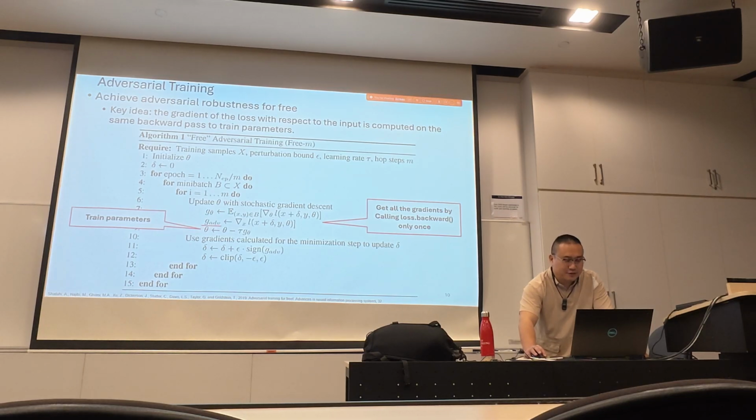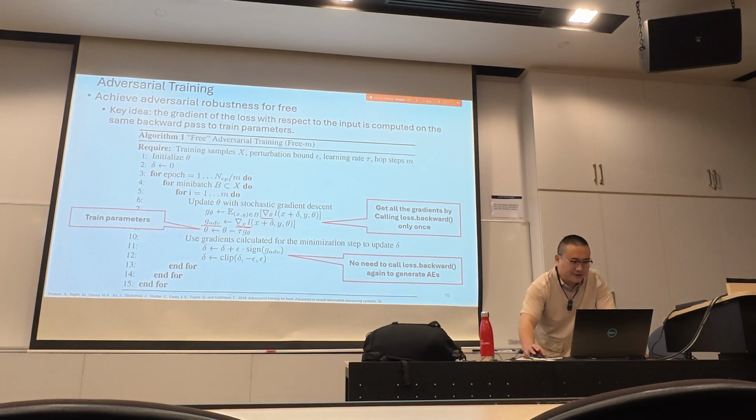Remember that when we generate a text, we need the gradient with respect to the input. And here, we get that gradient together when we calculate the gradient with respect to the parameters, but we get it in just one pass. After we update the model parameters, we don't stop here.